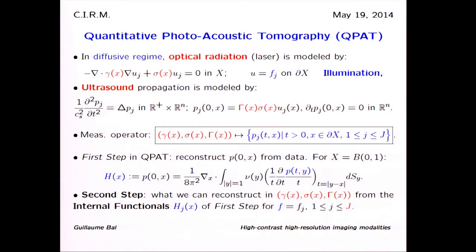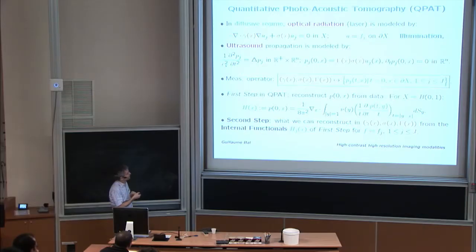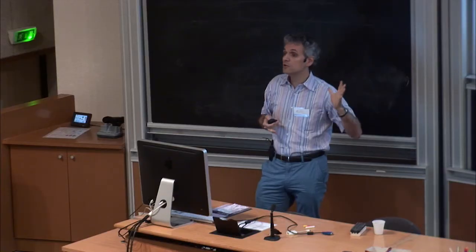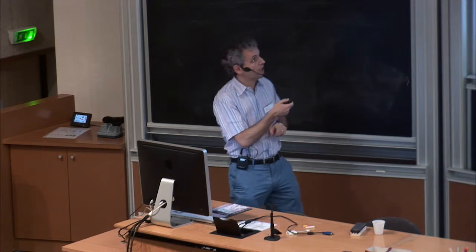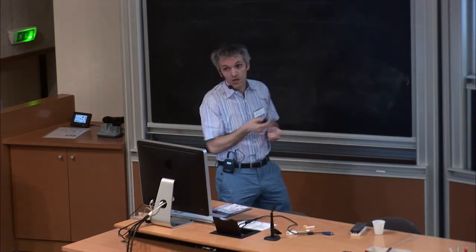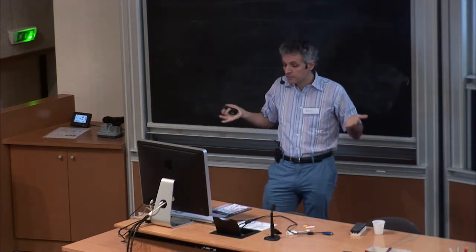That's not quite what we want. What we want is those coefficients, little gamma, little sigma, and big Gamma. What we have reconstructed is the initial condition, which is that product here, big Gamma times little sigma times u_j. Okay, so the new type of inverse problem, quote unquote, is an inverse problem where you have the constraints we're familiar with. These are the PDE constraints.